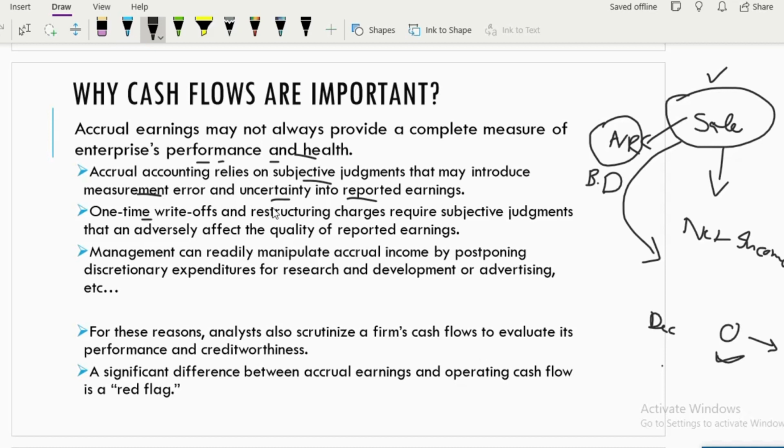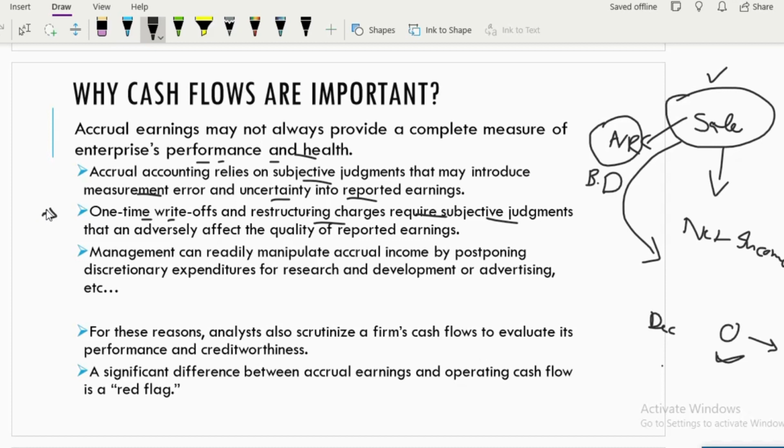One-time write-offs and restructuring charges require subjective judgment as well. If you write off your bad debts or any other collections immediately, in that case the income statement will show a huge amount of expenses, which might show net losses in that year.